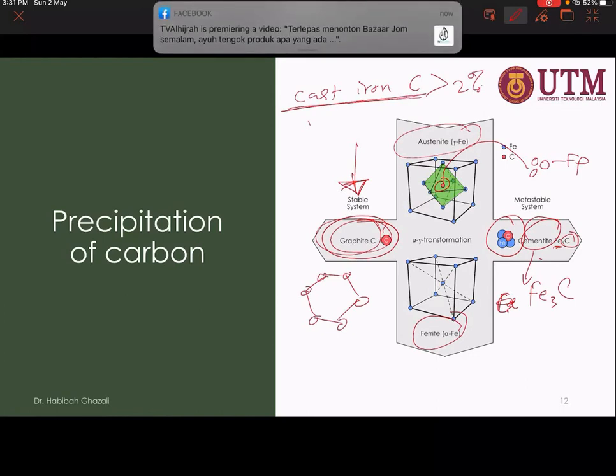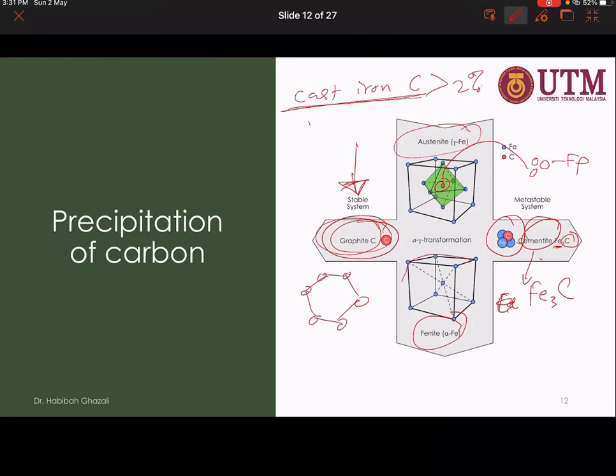So when it changes to BCC, the carbon will concentrate and form cementite. And this happens if you have steel, which has carbon less than 2%.